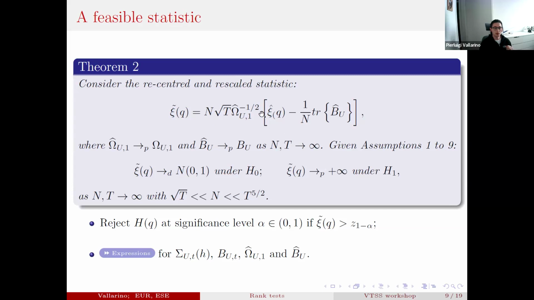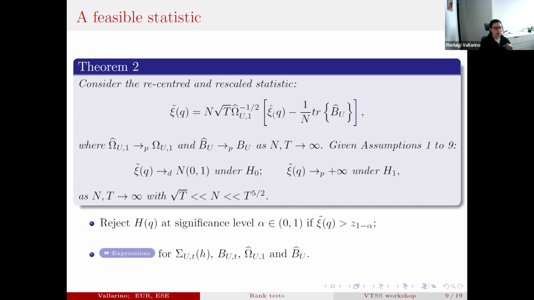So this is now a feasible test statistic, and under 2 more assumptions, we can show that this test statistic, psi tilde, mimics the asymptotic behavior of the unfeasible test statistic of Theorem 1. So we can use it to test the generic null of interest and reject H_Q at a significance level alpha between 0 and 1 whenever xi tilde exceeds the 1 minus alpha quantile of a standard Gaussian. So this is a right tail test.